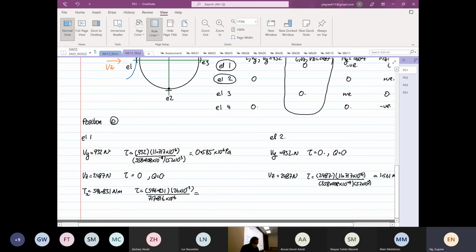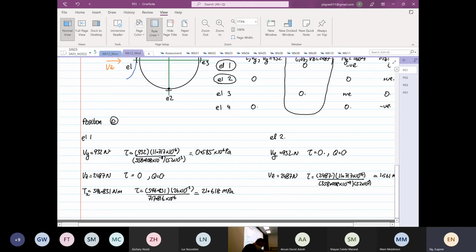So 596.831 times 26 power minus 3 divided by 717.816 power minus 6 is equal to 21.618 megapascal.